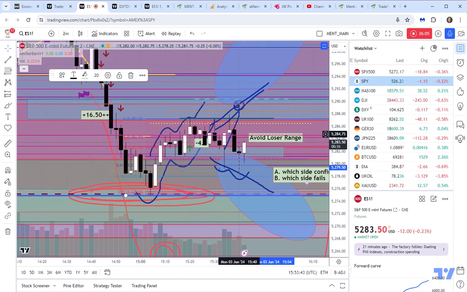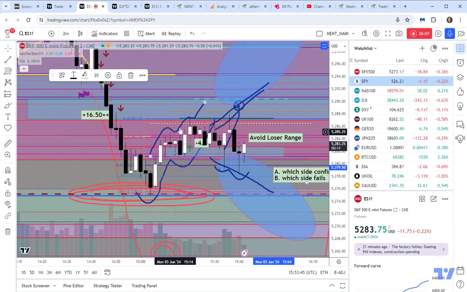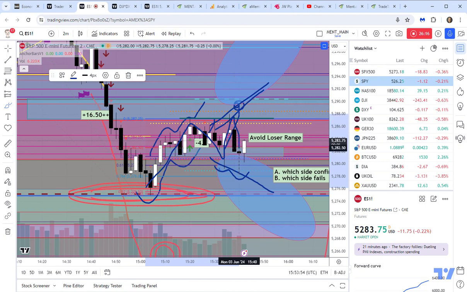And if I were to do a simple calculation here, A, B, C, D, E, yeah, I'd say that we're looking like a very convoluted flagging formation to the upside.